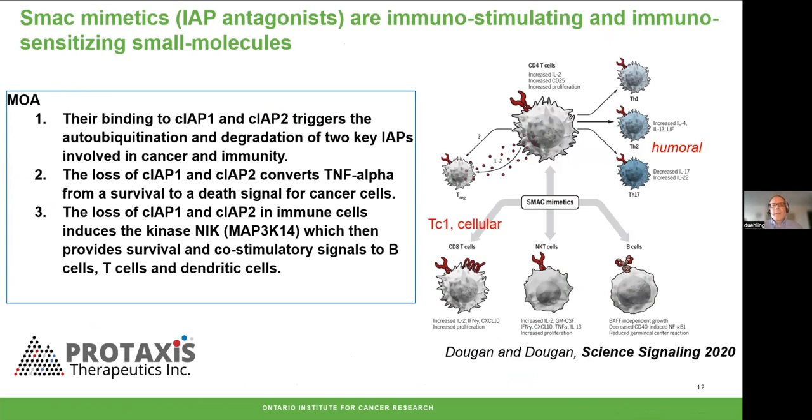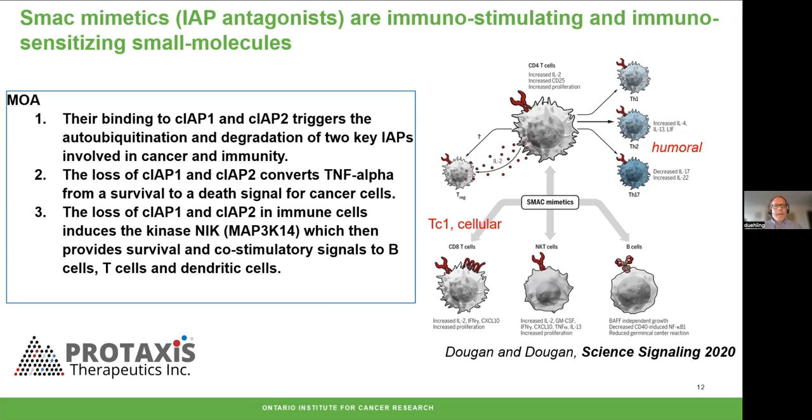These types of molecules have been known for quite some time, and as the name implies, when you inhibit an inhibitor of apoptosis, it's a pro-apoptotic effect. But what's becoming more appreciated recently is the idea that in addition to their intrinsic cytotoxicity towards tumor cells, there's also a strong modulation of the immune compartment.